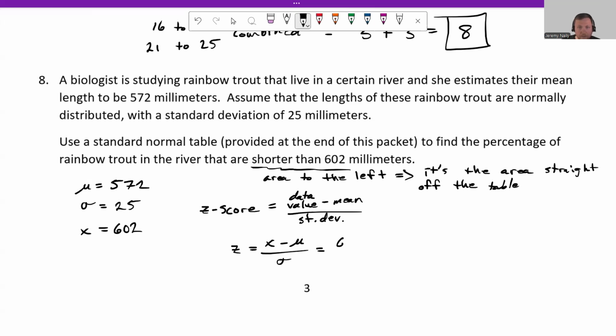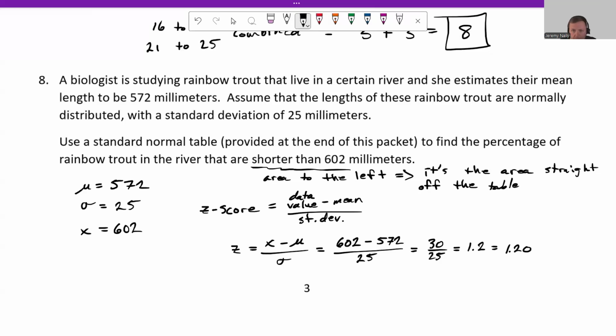So we have 602 minus 572 over 25. So I have 30 over 25, and I get 1.2, but you'll want to rewrite that as 1.20 for when you look that up.